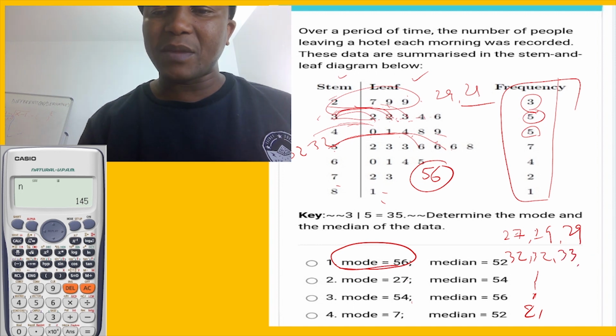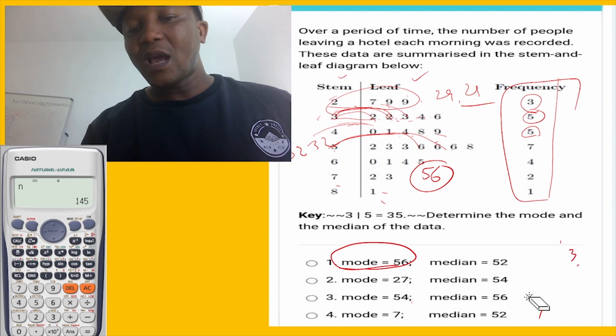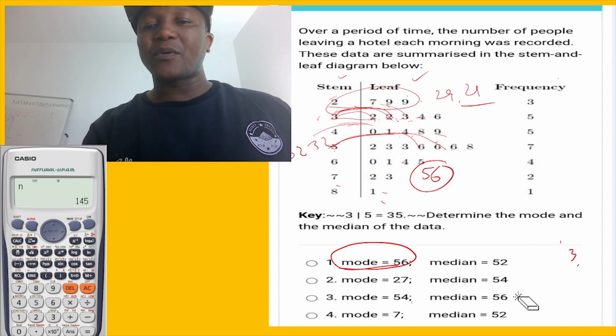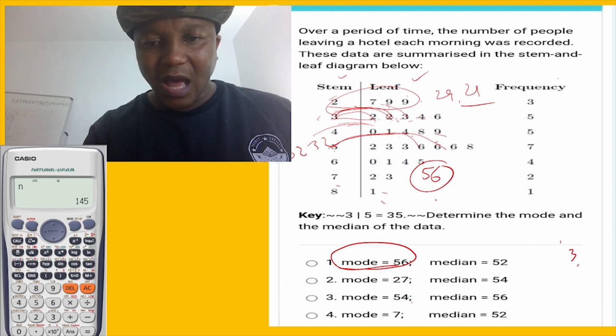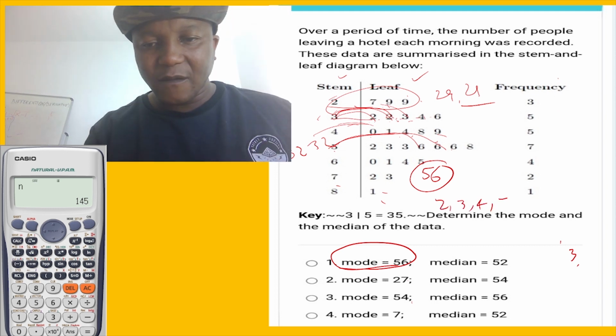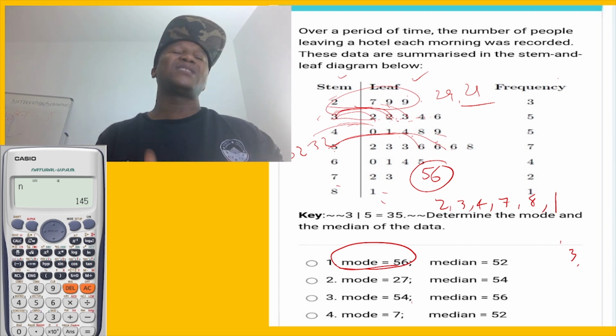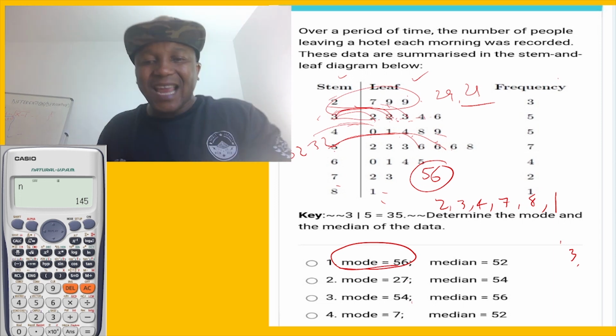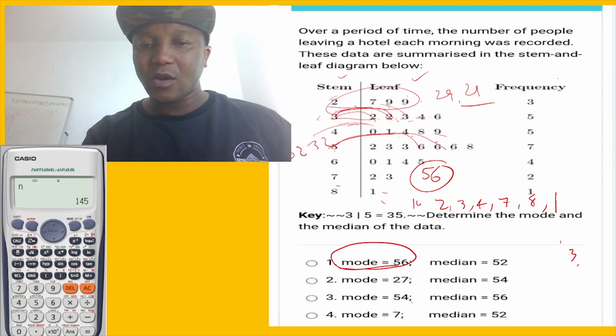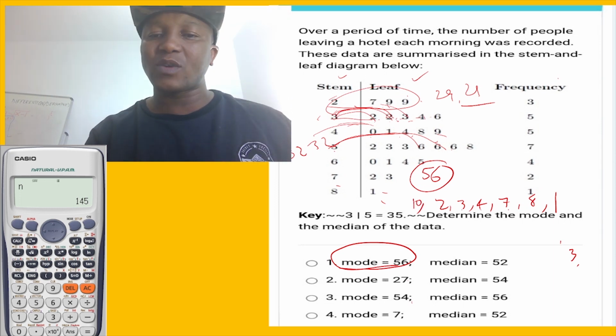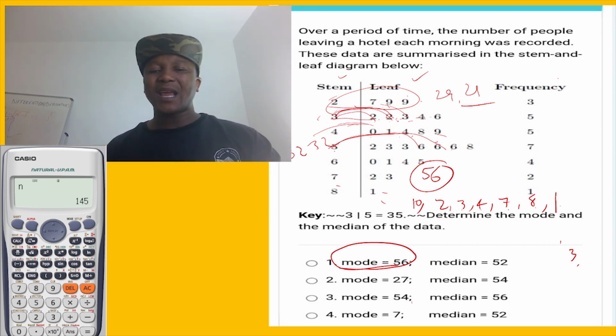How do we get a median? Median is the middle number. For example, if somebody gives me, let's say, 2, 3, 4, 7, 8, and 1, which is the middle number? First and foremost, you must rearrange them in the right order, in ascending order. Let's assume this is 10. So how are you going to get the median?